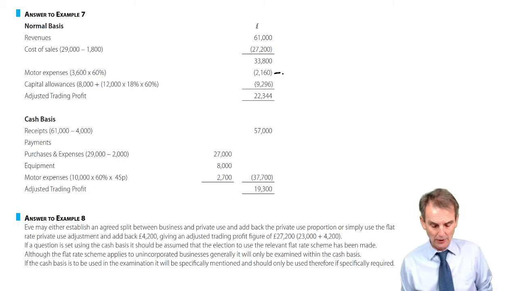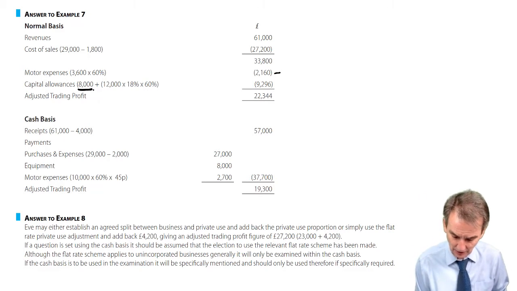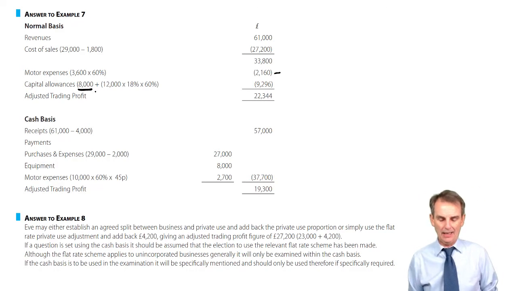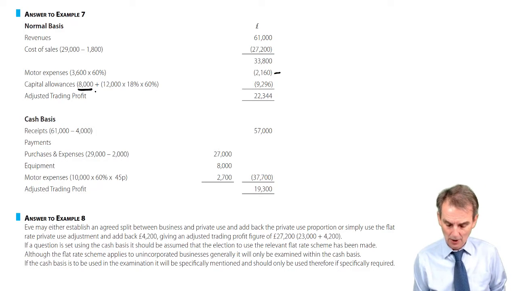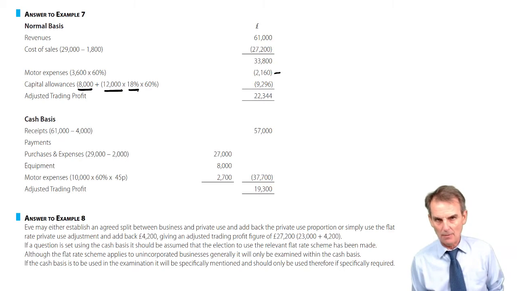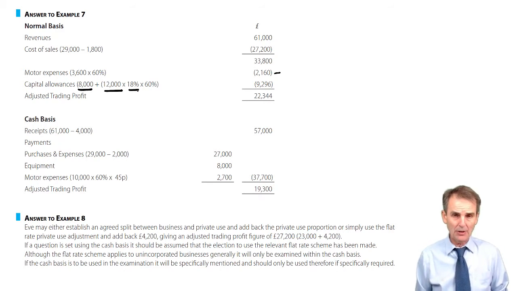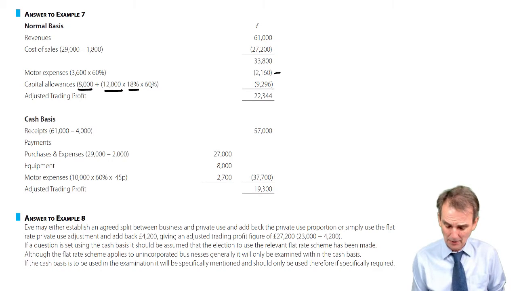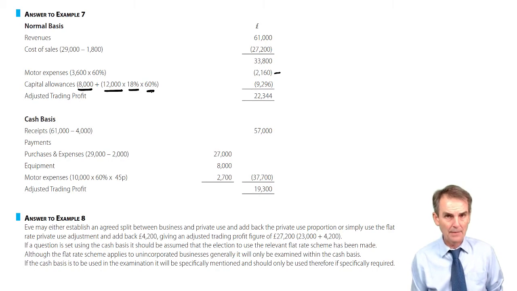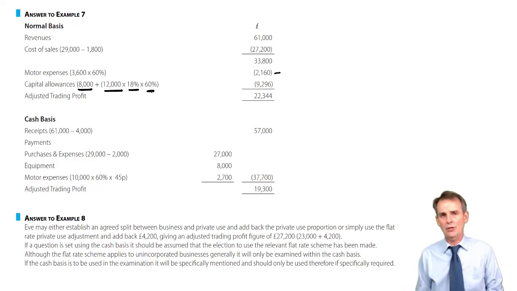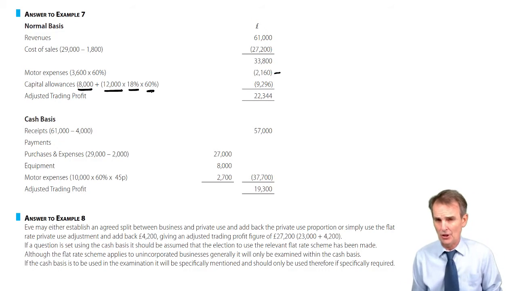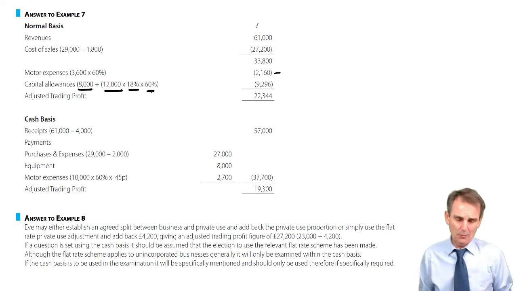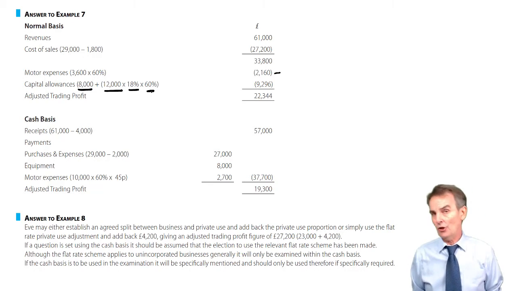Capital allowances as regards the asset purchased, 8,000, there was your AIA. 100% allowance, £8,000. On the car, 12,000. It was a normal CO2 emissions between 76 and 130 grams per kilometre. So 18% writing down allowance, but restricted to 60%. It was, of course, the opening period, so we'd have to think about, do we get a full year's worth of writing down allowance? Yes, we did, because the opening period just also happened to be a full 12-month period.